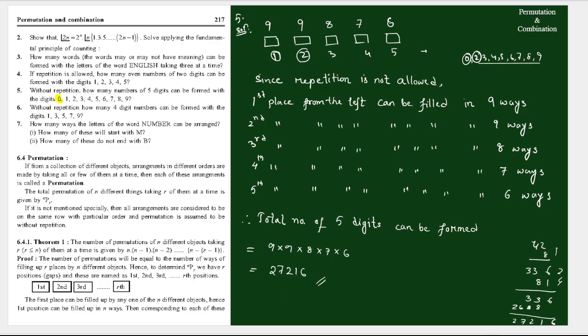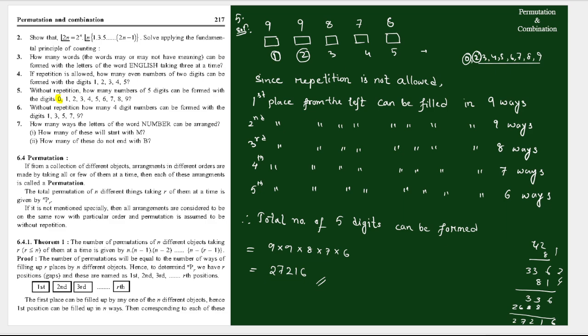Wow. Okay, 10 digits are there, 10 numbers are given, and from there you have to make a 5-digit number. So how many? 27,216. In these different numbers you will get.